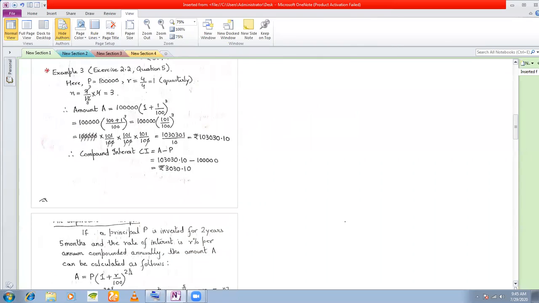And the third one, again a very basic example. You have the principal given to you as 1 lakh, and rate is given to you as 4%, and time is given to you as, let me check this question, 2.2 question 5.